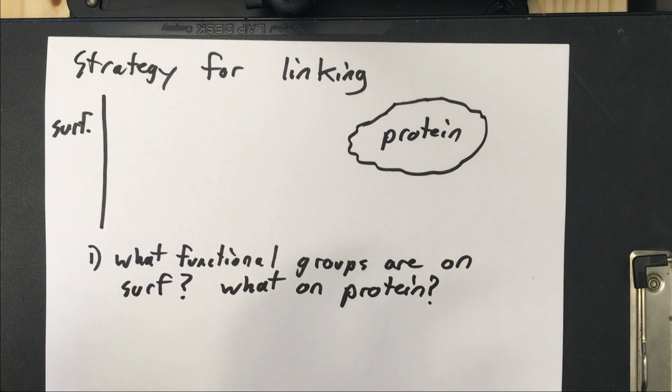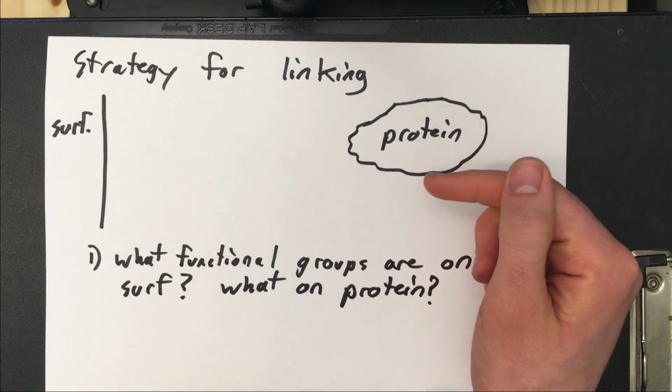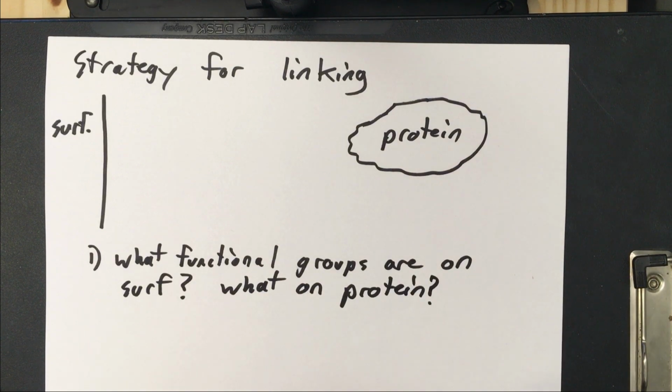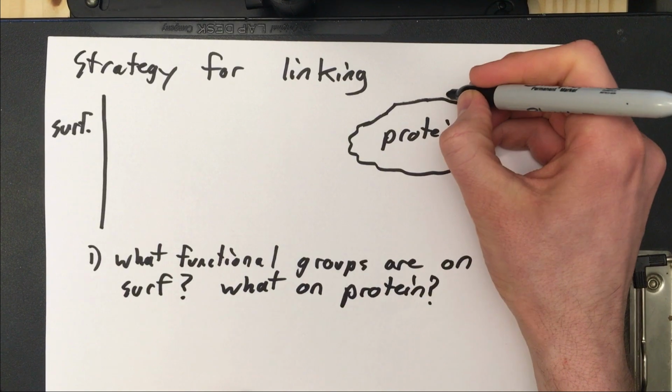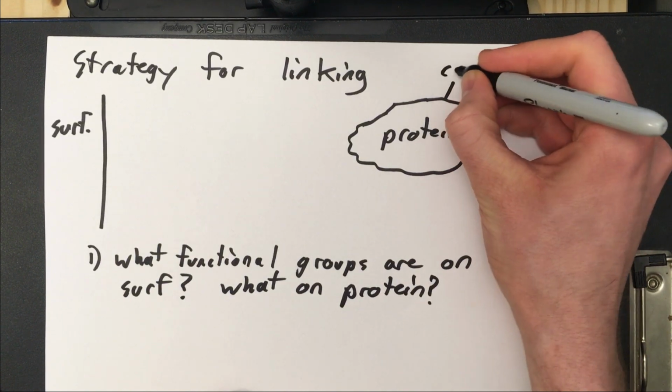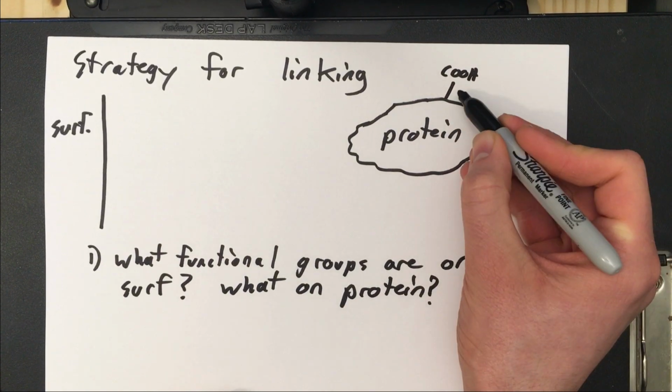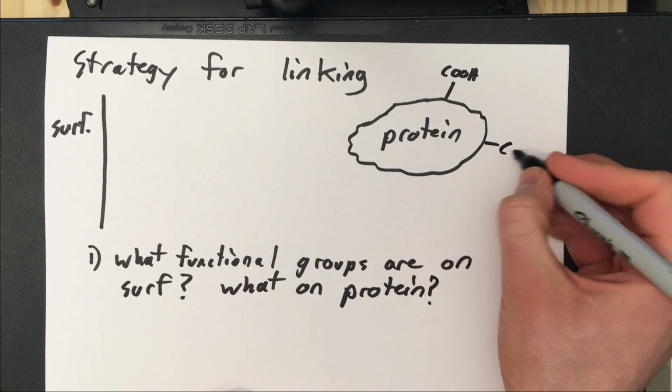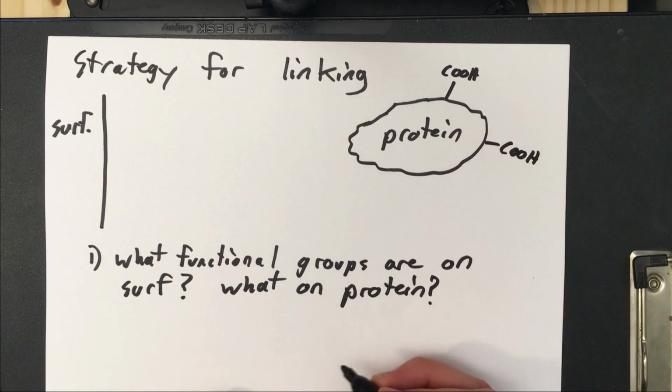And if we think about proteins, if we kick it back to our biochemistry days, we might think most proteins have some COOHs, some carboxylic acid groups on them, maybe multiple carboxylic acid groups.